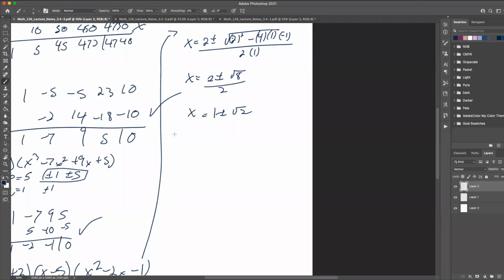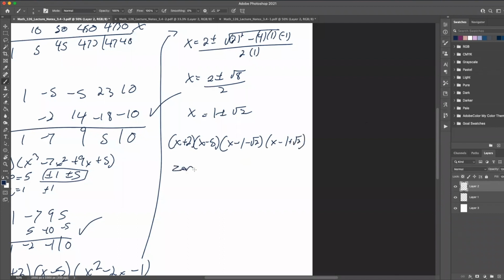And so if I want to factor this completely now, I have x plus 2, x minus 5, and then x minus 1 minus the square root of 2, and then x minus 1 plus the square root of 2.